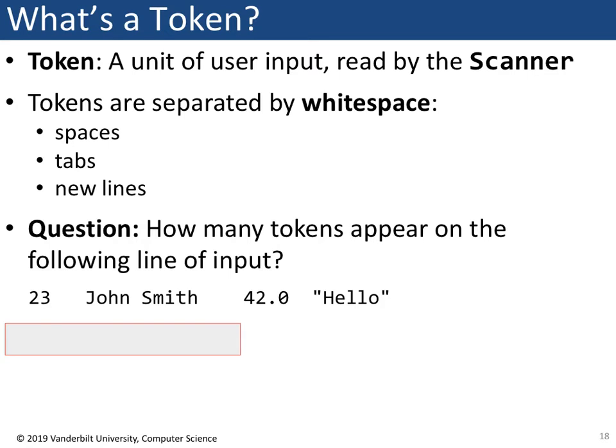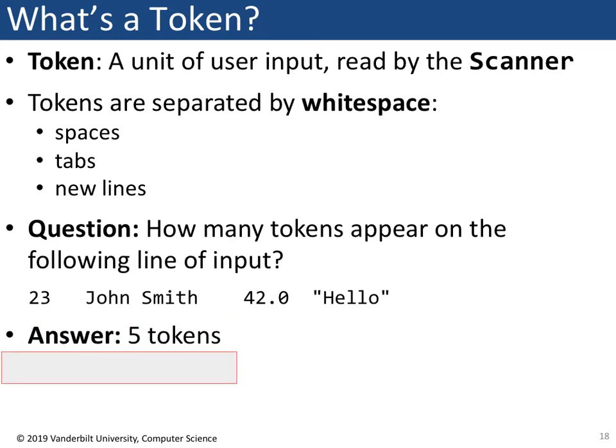Based on this definition of tokens, how many tokens would the scanner read if it read the following input stream? How many tokens are in this line of input? The answer is 5. The reason is we have white space between 23 and John, between John and Smith, between Smith and 42.0, and between 42.0 and hello.